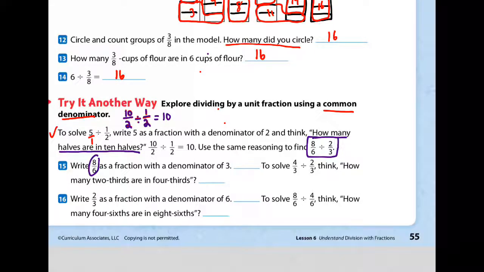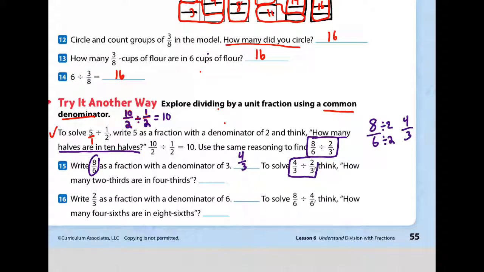If you cut each number in half, you get 4/3, right? So that goes here. Now, to solve 4/3 divided by 2/3, it says think, how many 2/3 are in 4/3?